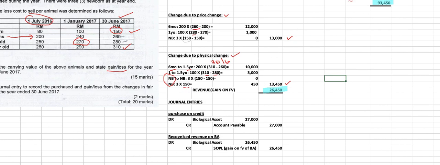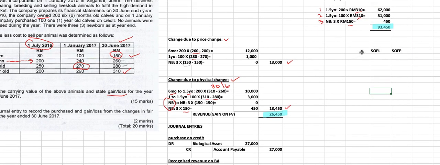It's just a matter of presentation. We'll put all those figures in column SOPL and SOFP. Those that go into SOPL, of course, the revenue, that is changes in price and changes in physical.